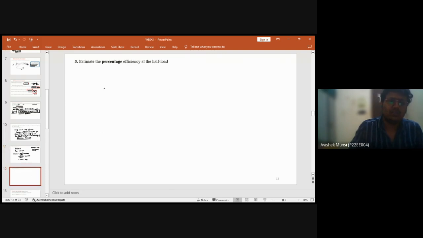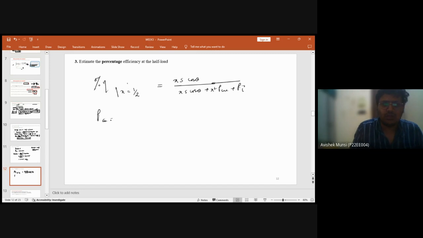Now calculate the percentage efficiency at half load, that is, x equal to half. We have the formula: efficiency equals x S cos theta over x S cos theta plus x square PCU plus PL. PCU we calculated as 9431.57, and the iron loss or core loss is 5305.261.